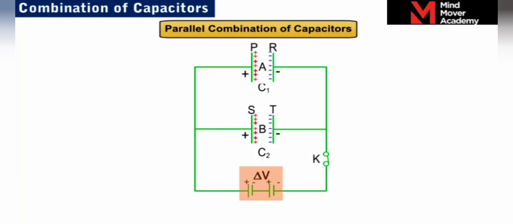The chemical energy stored in the battery is converted to the electrostatic potential energy associated with the separation of charge across the capacitors. The flow of charge to the plates of the capacitors stops when the plates acquire a potential difference equal to that supplied by the battery. The charge acquired by the plates of the capacitors is the maximum when the potential difference across them becomes equal to that applied.